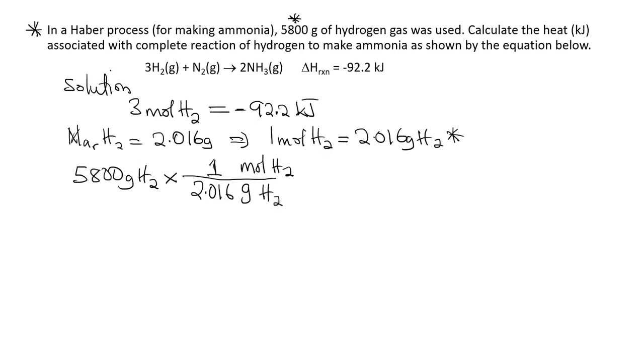Now we can just add another conversion factor after finding the moles of hydrogen, times this conversion factor. We know we are going to have moles hydrogen and then kilojoules up here, because you want the moles to cancel each other.